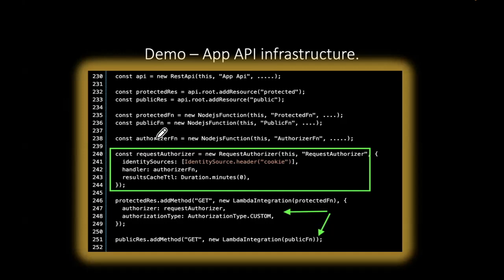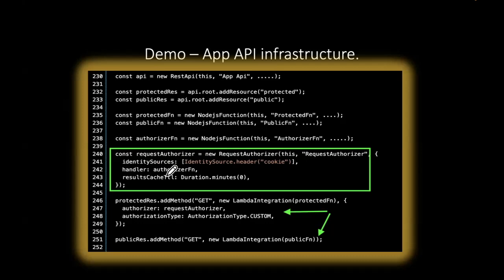Because this guy needs to extract the JWT token from the request that comes in and ask Cognito to validate it. So we need to indicate where within the HTTP request is the JWT token located. And if you look across, like I'm telling it, look, it's in the cookies. You'll find it in the cookies header.